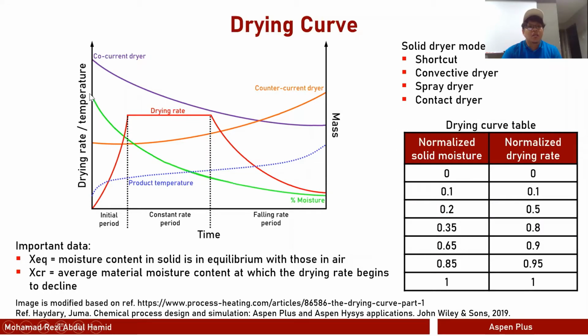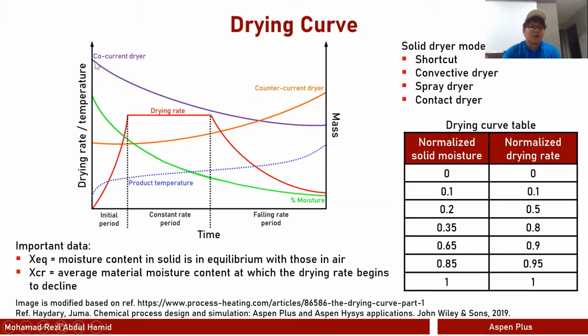And then this green curve here represents the percent moisture content of the solid, I believe, as a function of time. And obviously, as time goes from the left side to the right side, as the solid spends more time in the dryer, the moisture content starts to decrease to a point where it begins to level off.